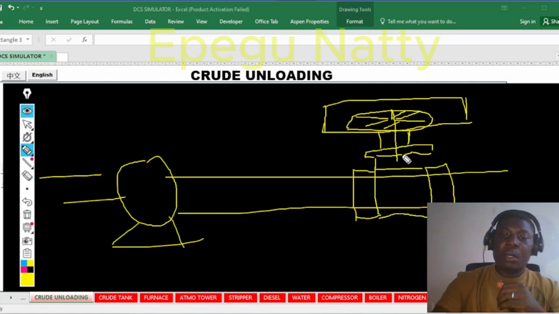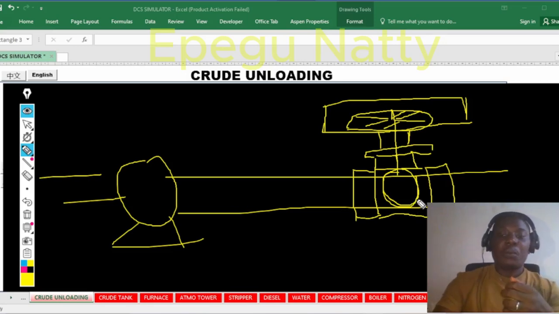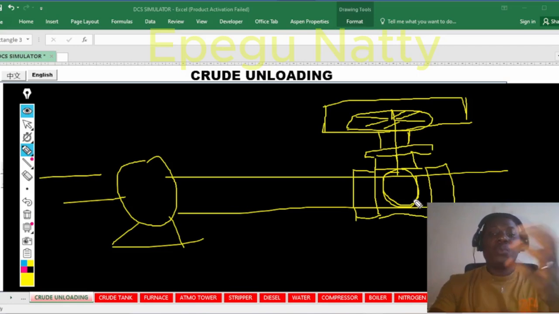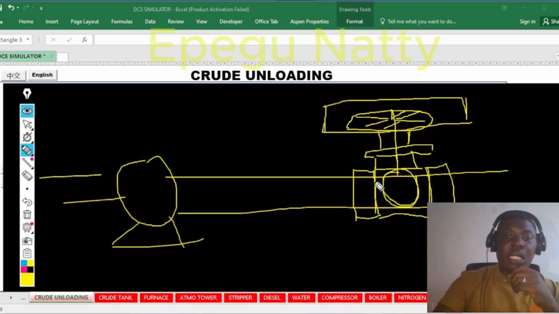Okay, here is a trim. Now this is a stem that has something like a ball that opens and closes, to close the line or to open the line. So that's what we have here. Now this thing we call the trim is what has a design of an opening.